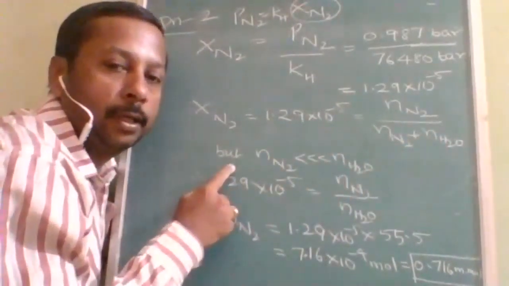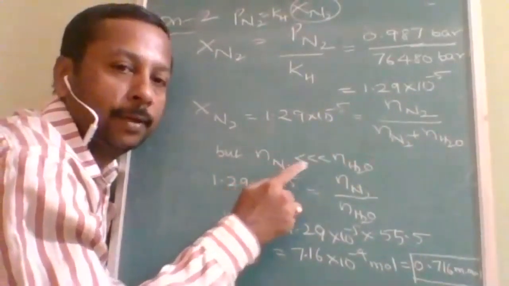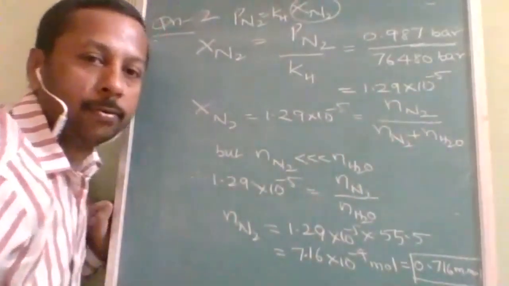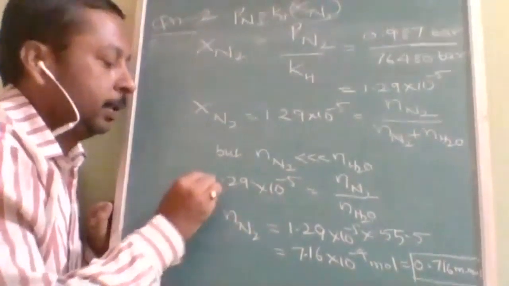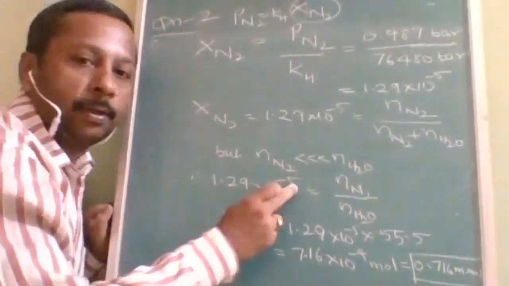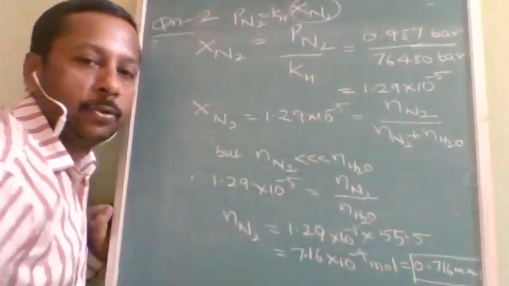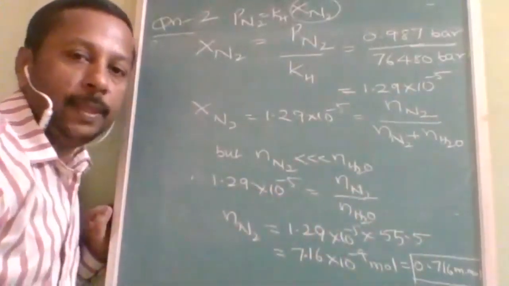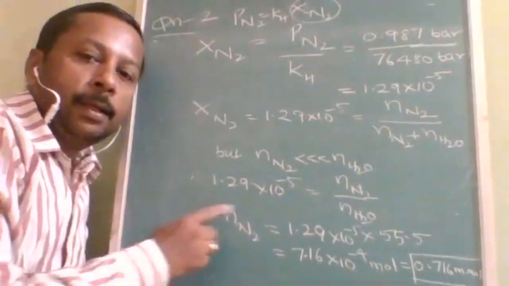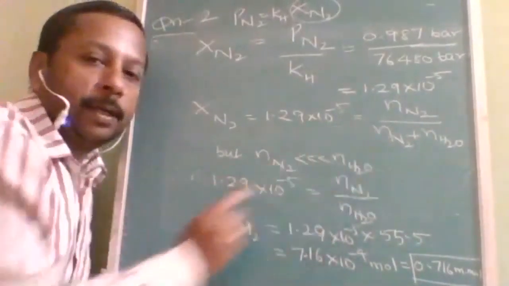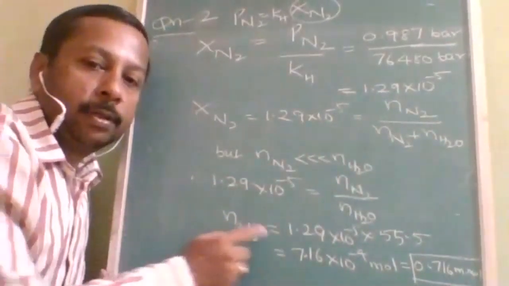That is what I have written here: N N2 is very much less than N H2O. Hence, 1.29 into 10 to the power of minus 5 is equal to N N2 divided by N H2O. Is it understood? So I have neglected the denominator part. Now cross multiplying, N N2 is equal to this much.